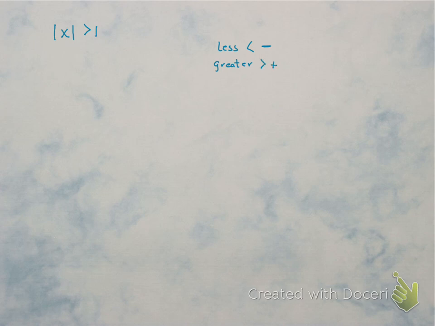Okay, so less than the negative and greater than the positive. All right, so we remove the x from the absolute values and we set the argument less than -1 and then greater than positive 1.